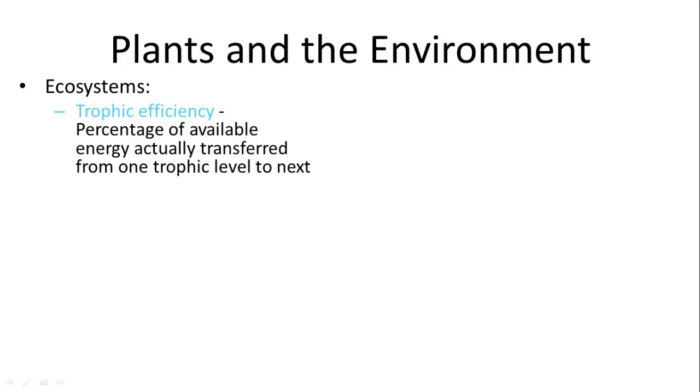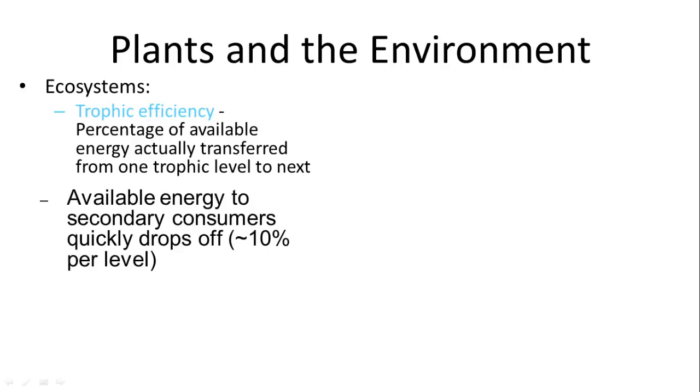And at each point, you're going to lose energy between each trophic level because there's just not 100% efficiency. So you lose a lot through heat or through entropy. And it's about 10% that is maintained through each level.